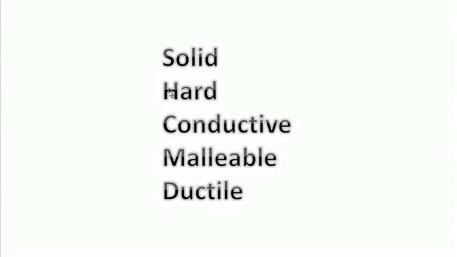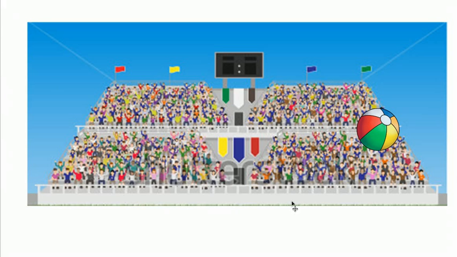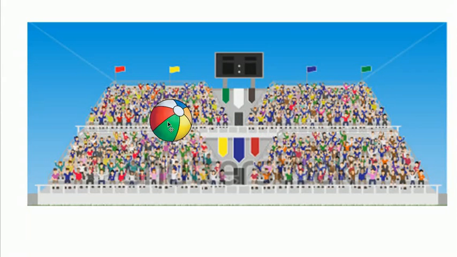Now, one way we can think about this is if you've ever been to a stadium, some sort of sporting event, you might have seen a few beach balls being taken around, and then they get thrown in the stadium and they all get bounced around and it's all kind of random.